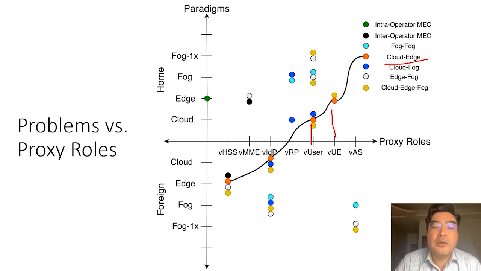VUE, virtual UE, virtual user at the home provider side. And at the foreign provider side, it's going to be virtual ID provider and virtual HSS. Okay, so you can see, you can track them. Each of them has some roles that they need to play.